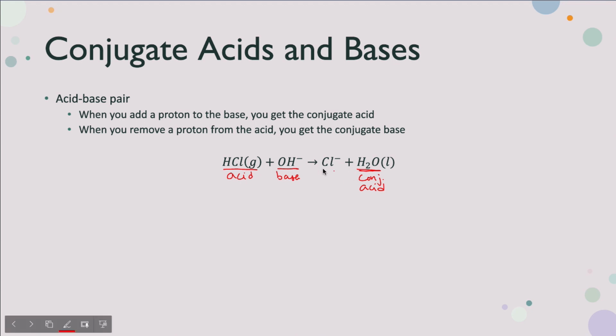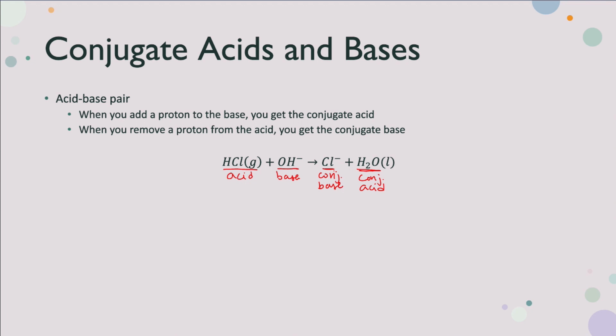So the chloride ion is the conjugate base. Simple enough, right? Just identify the acid and the base, and then from there, just remove a proton or add a proton to figure out its conjugate.